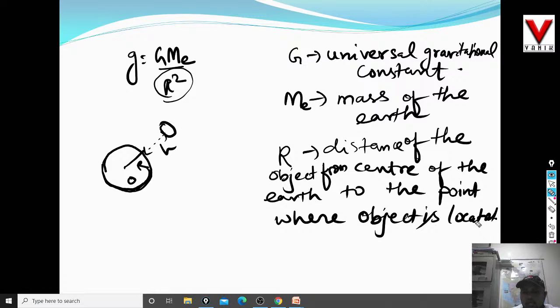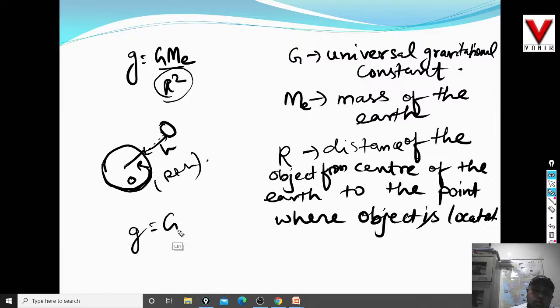This is the center, and this is the point where the object is located. So what is the distance? From here to here it is r, and from here to here it is h. So the complete distance is r plus h. So how can I write small g?